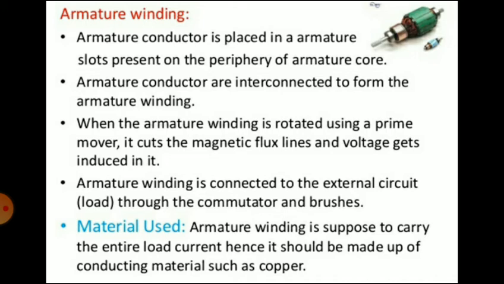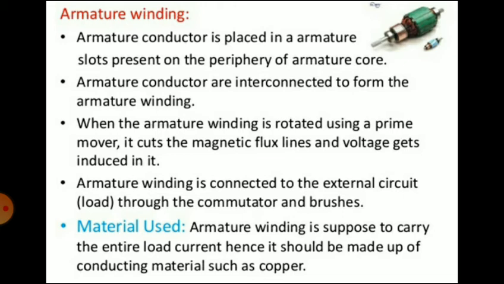Now, the armature core is separated from the field poles by a small air gap, which allows the armature to rotate freely. Slots are provided on the periphery of the armature core for the conductors. The slots are lined with tough insulating material.